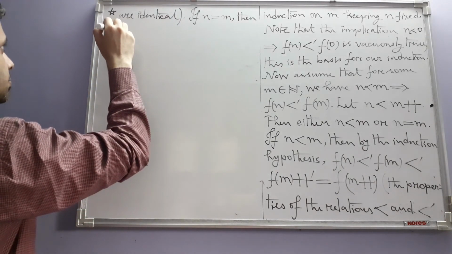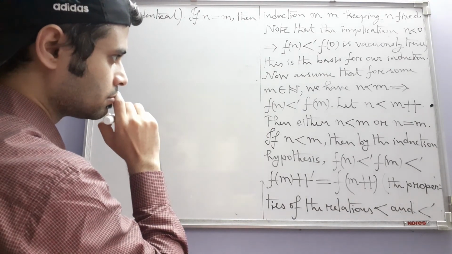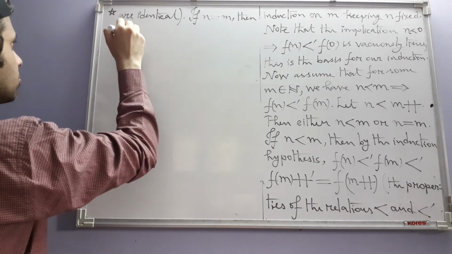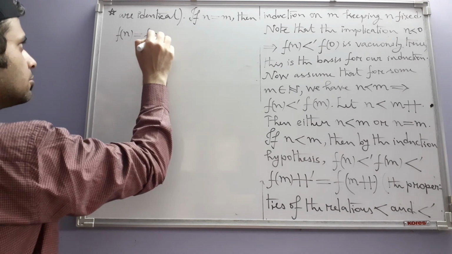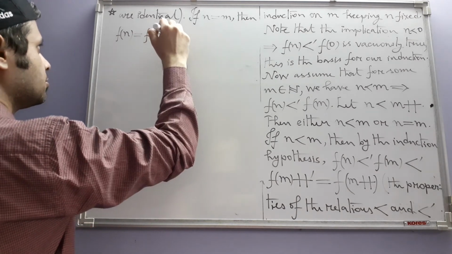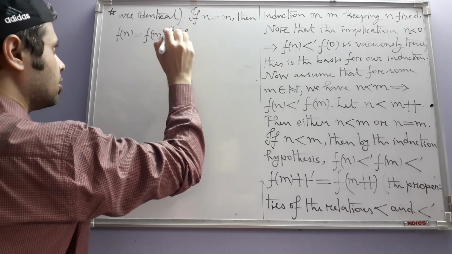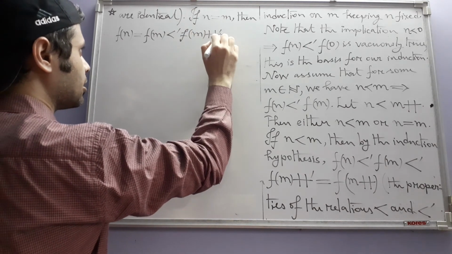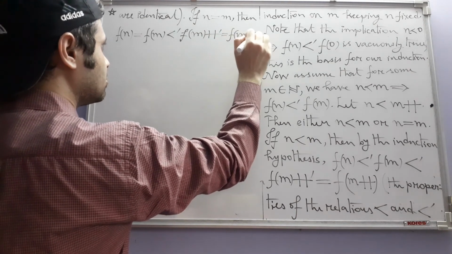Then f of n is equal to f of m, which again is less than f of m plus plus, and that is nothing but f of m plus plus.